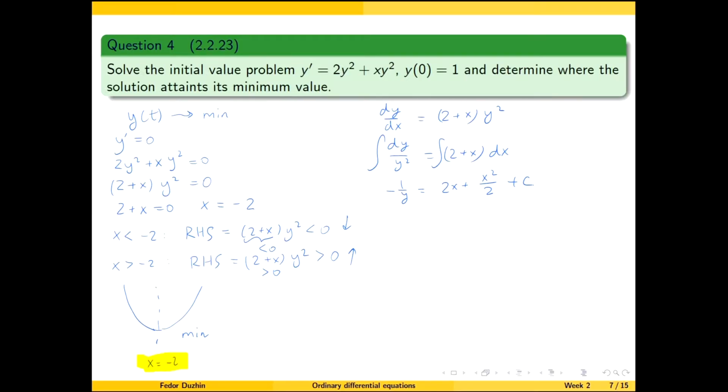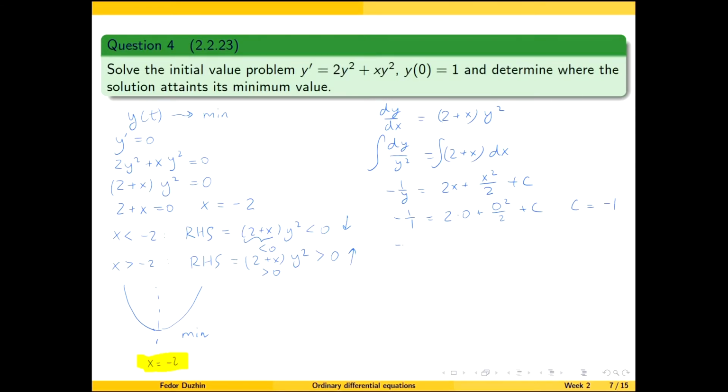So how do we find the constant? We let x be equal to 0 and y be equal to 1, as in the initial condition. So minus 1 over 1 equals 2 times 0 plus 0 squared over 2 plus constant. And so the constant is negative 1. It's very easy here.